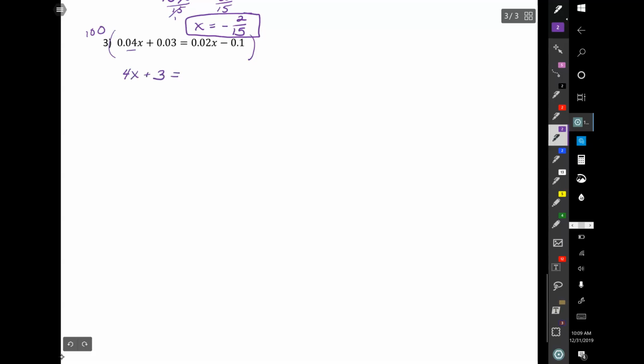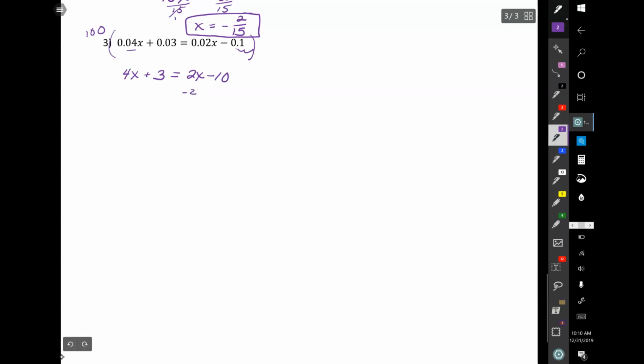Remember, my shortcut is just move the decimal place 2 places right. Equals 2x minus 10. Be careful with that one, even though it's just to the 10th place, we still need to multiply by 100.